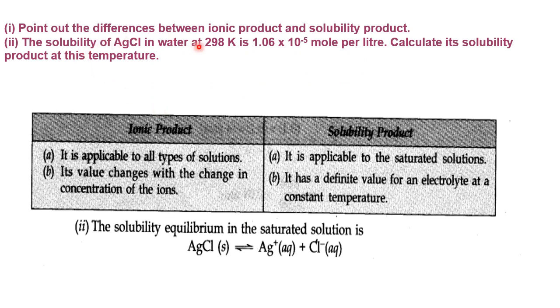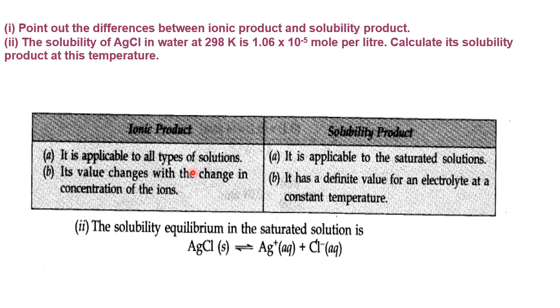Point out the differences between ionic product and solubility product. Ionic product is for any ion, for any concentration. NaCl is put in the water, giving Na plus ion and Cl minus ion. Actually NaCl is soluble up to 32, 33 per 100 grams. That is the solubility.